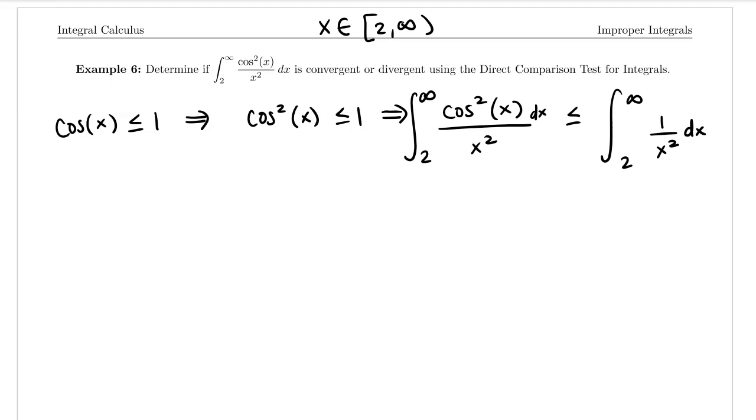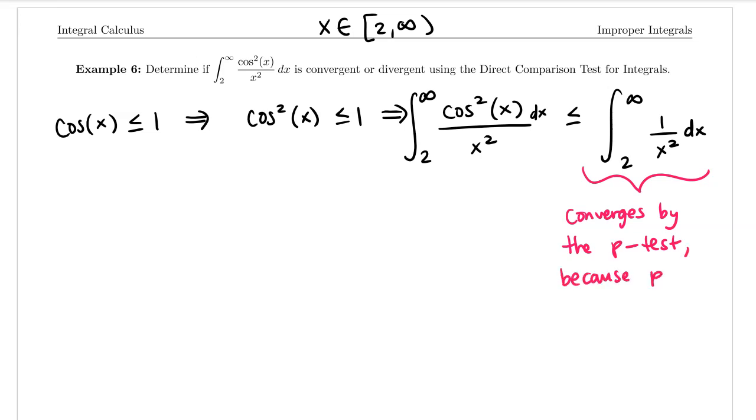So this integral on the right-hand side, we know that this converges by the p-test because p is greater than 1.